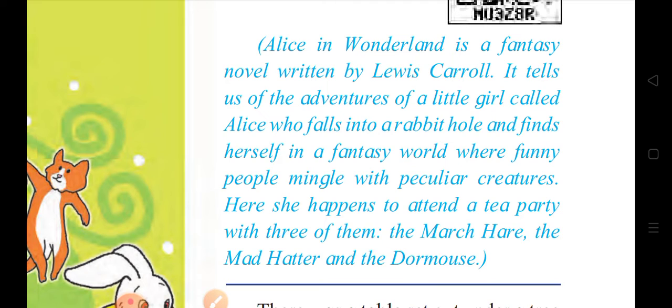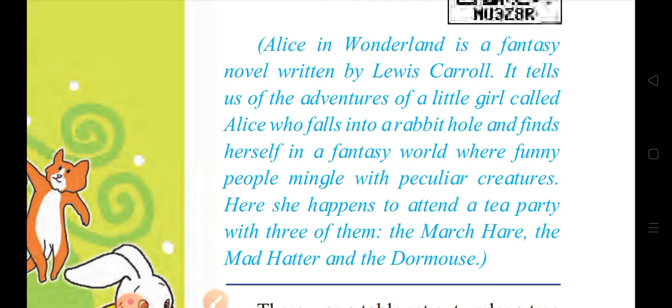The Mad Hatter. Here another person is always wearing a hat, and that hat is very tall. He is also always holding a tea party, and he is a little bit of a mad type of person. That is why the character name is given as Mad Hatter. And the Dormouse.